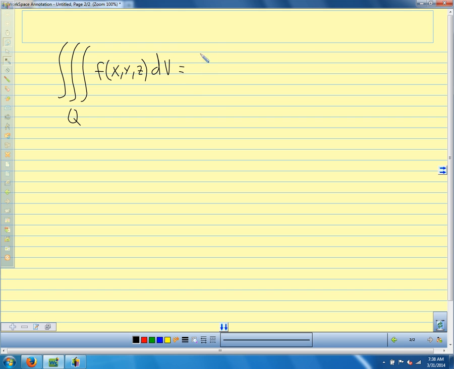It is going to be the integral from theta 1 to theta 2, the integral from g1 of theta to g2 of theta, and I'm just setting it up for one particular order of integration, h1 of r and theta to h2 of r and theta.